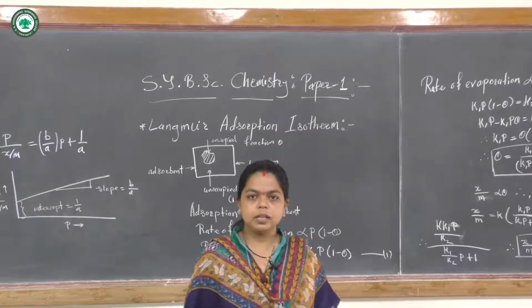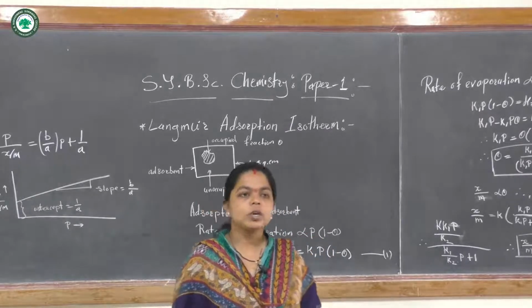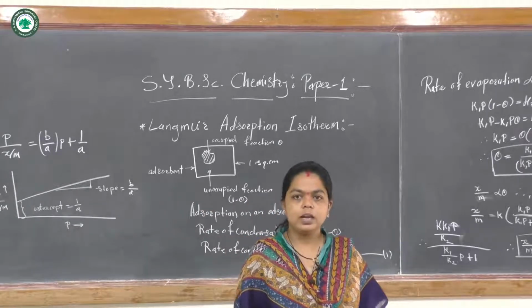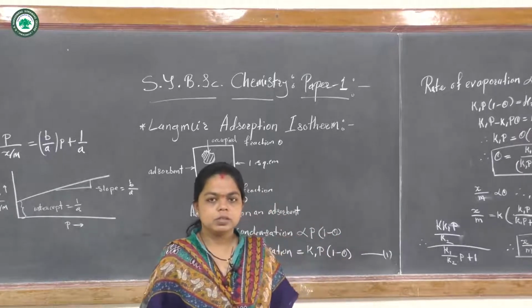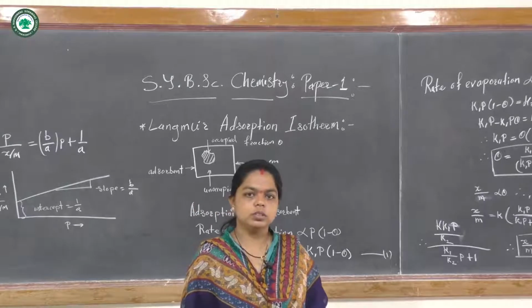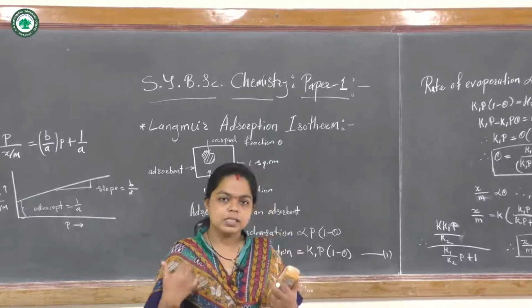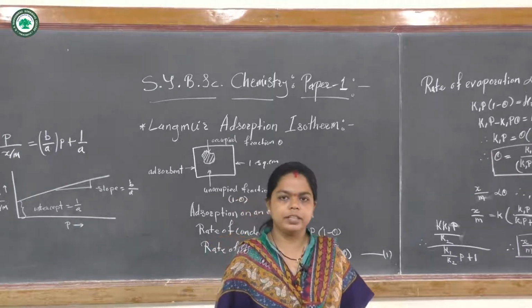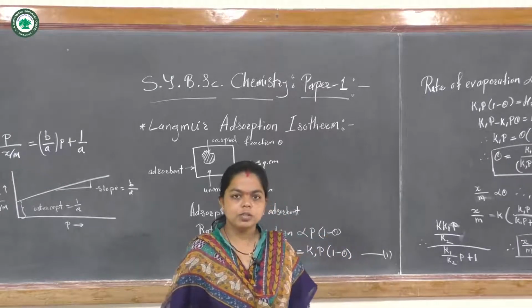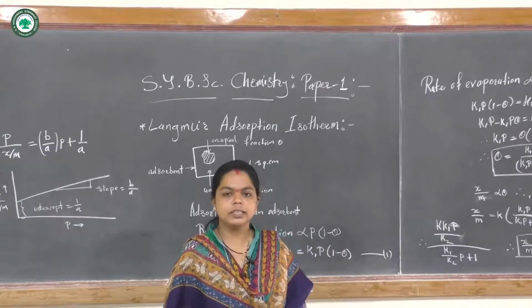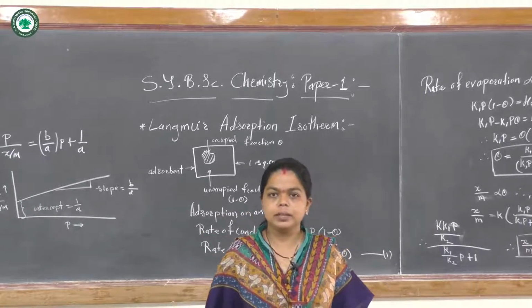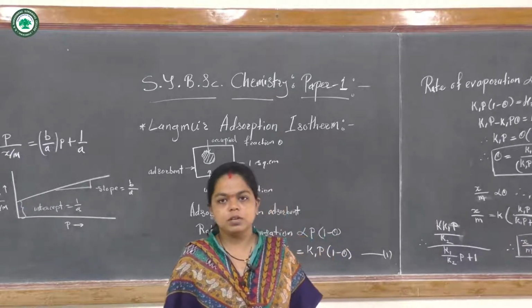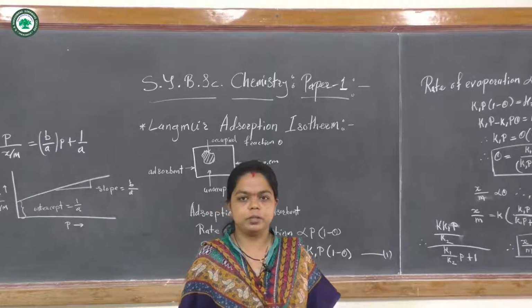So a number of elementary spaces are present on the surface of the adsorbent material. These spaces have the same affinity for the gas molecule, and it does not affect the neighboring surface area or the neighboring elementary spaces for the adsorption property.